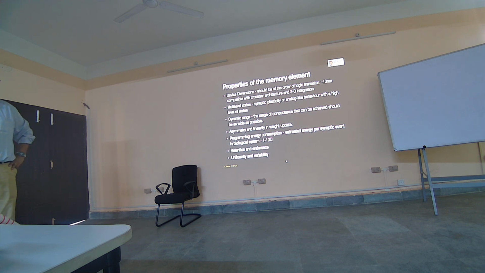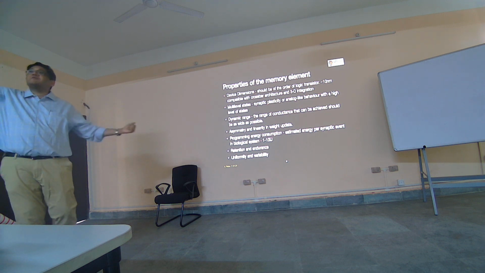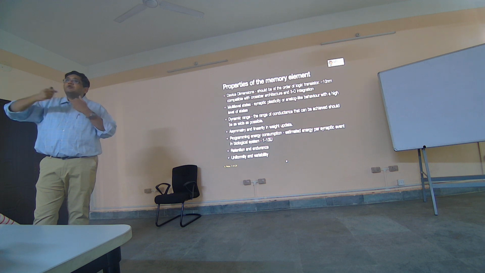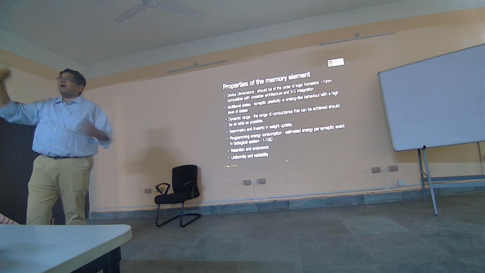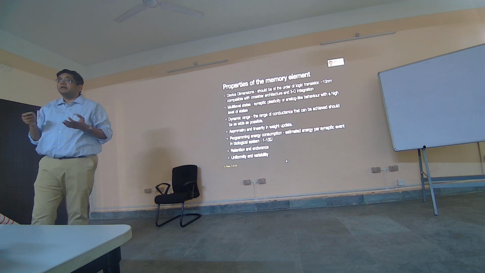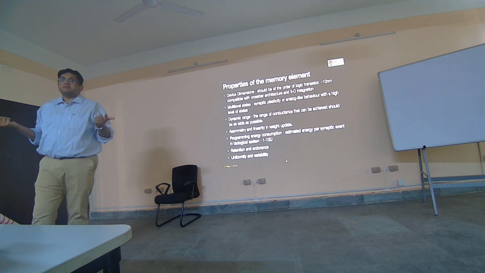The third thing is this dynamic range. When you think about weights, you want the weight range to be as wide as possible. That will allow you to take a lot more inputs and then assign weights accordingly. So if you have a weight system of say 0 and 1, let me give a worst case example. Suppose my weight can only be 0 or 1, then essentially I've designed a digital system.